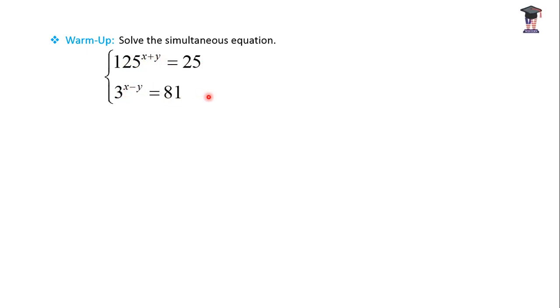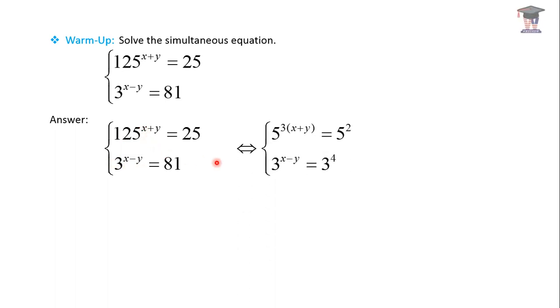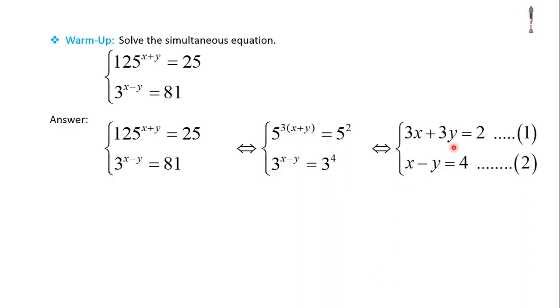To solve this one, we need to change each equation into the simplest base. We can change 125 to 5 to the power of 3, then to the power of x plus y. 25 changes to 5 squared. 81 we can change to 3 to the power of 4. With the same base in each equation, we can omit the base.